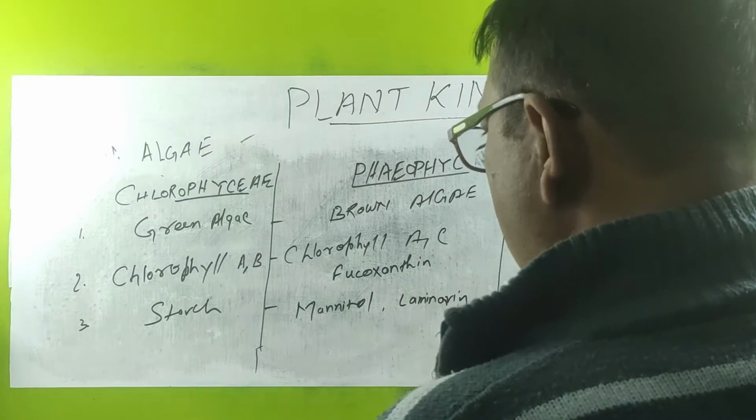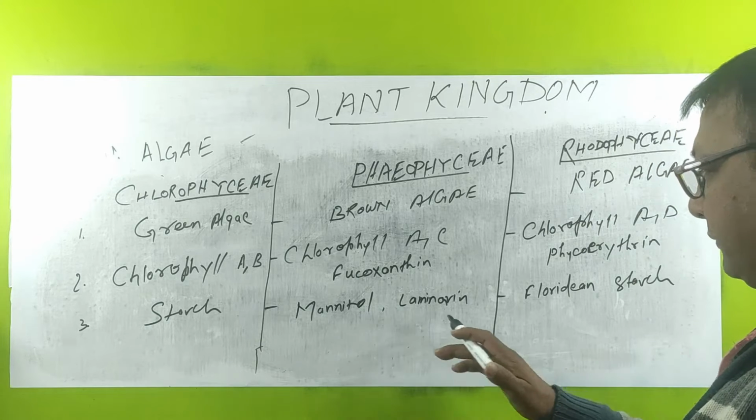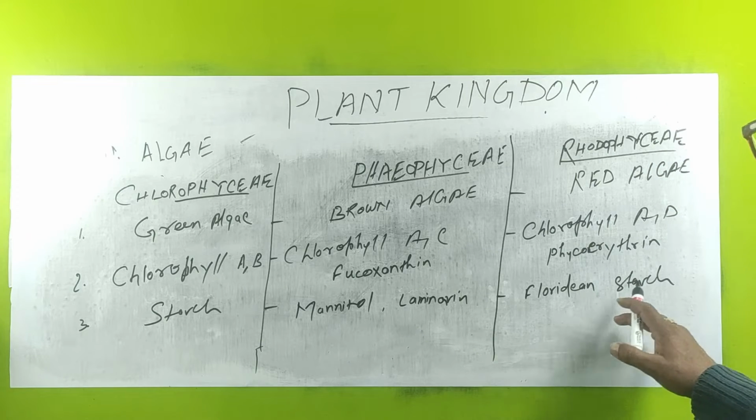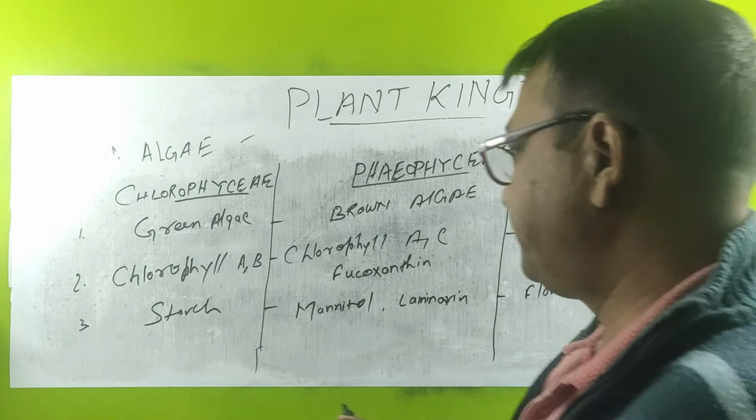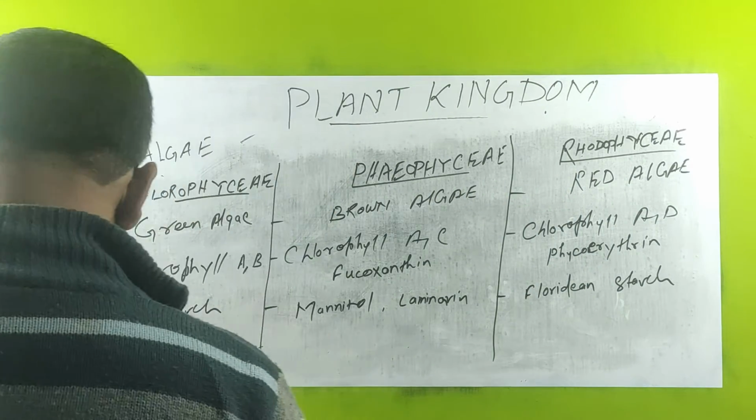So they store their food in the form of starch, mannitol, laminarin, and floridean starch in the different algae.